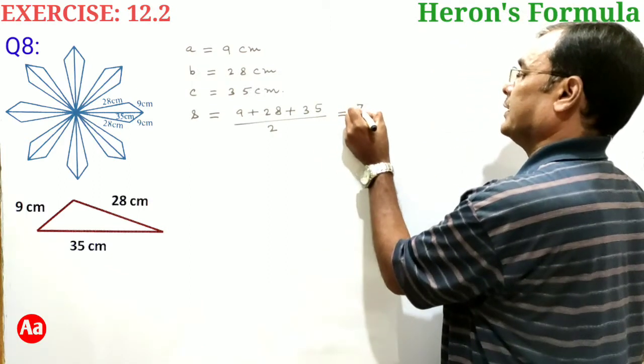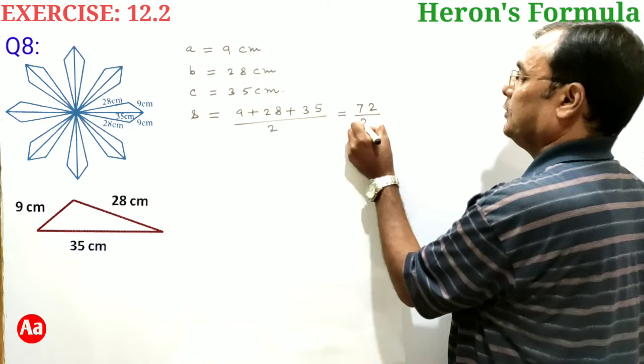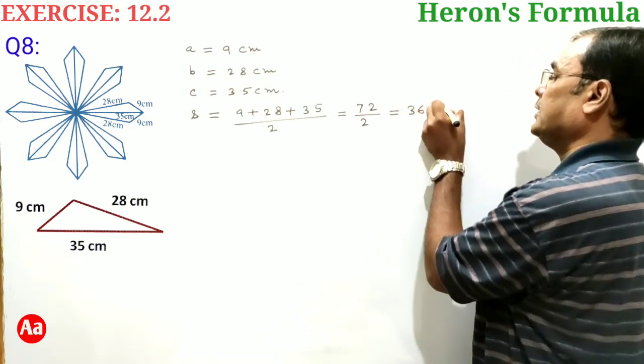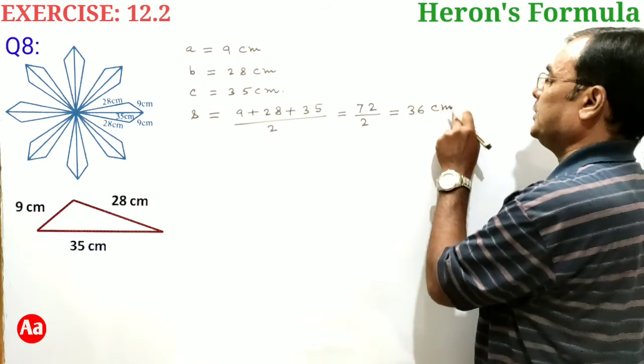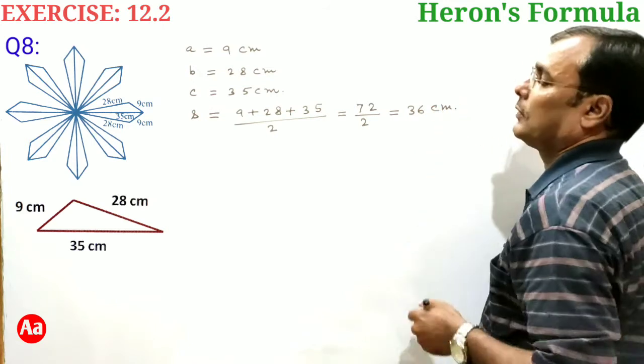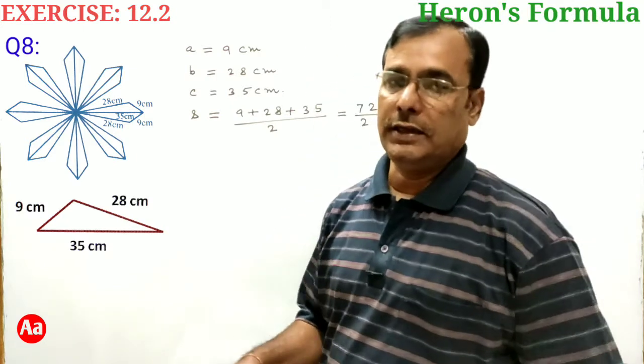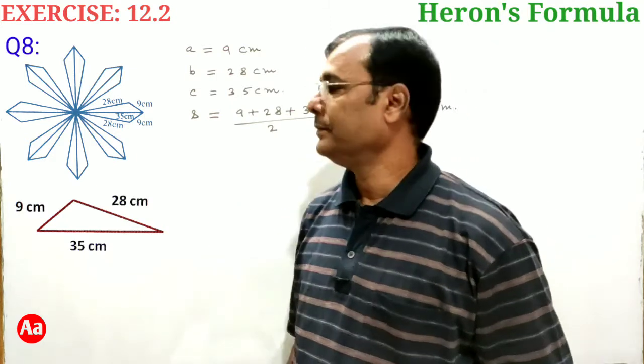This is 72 divided by 2, which is equal to 36 centimeter. So the semi perimeter of the triangular tile we have got is 36 centimeter.